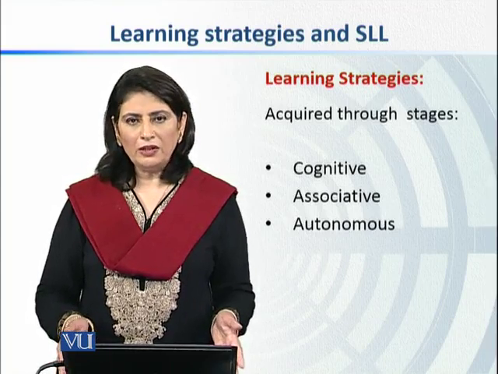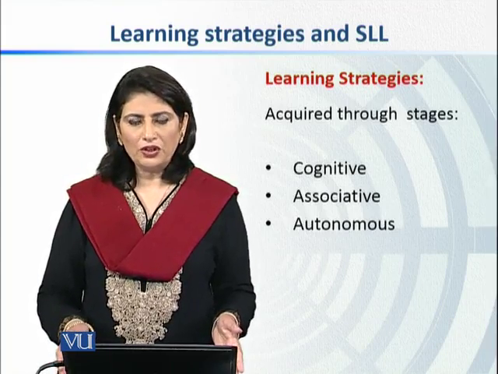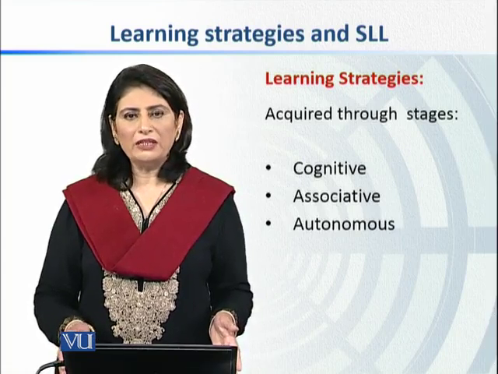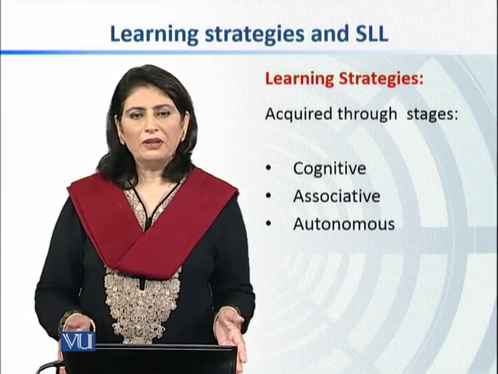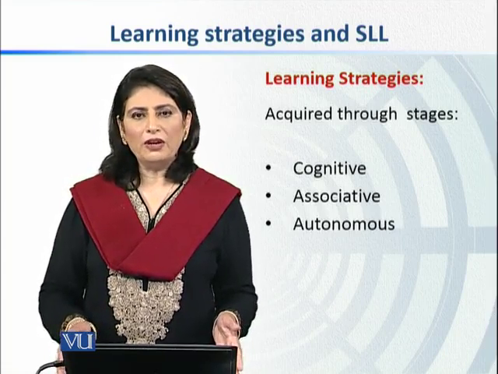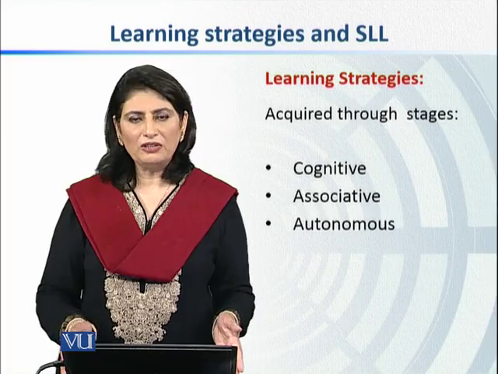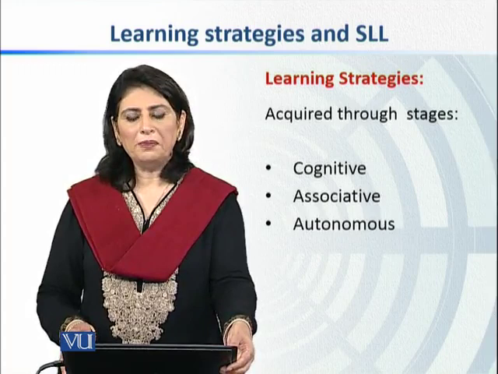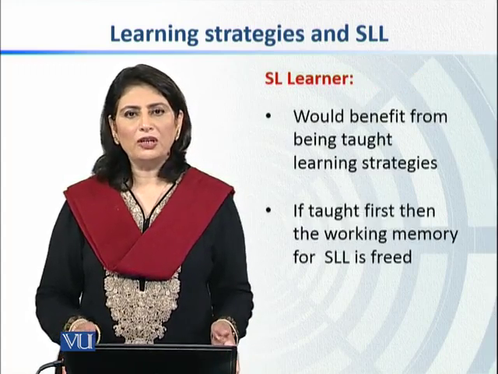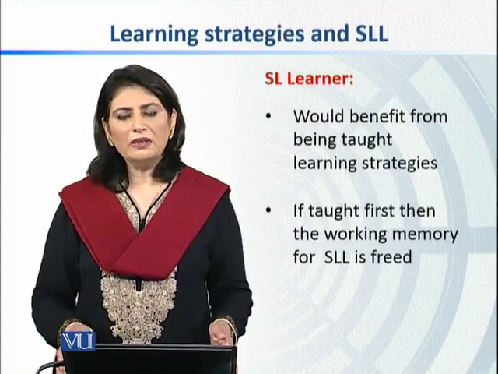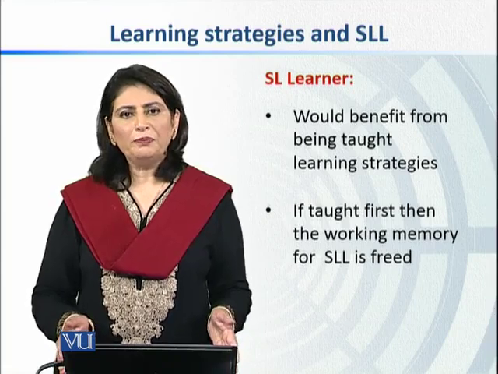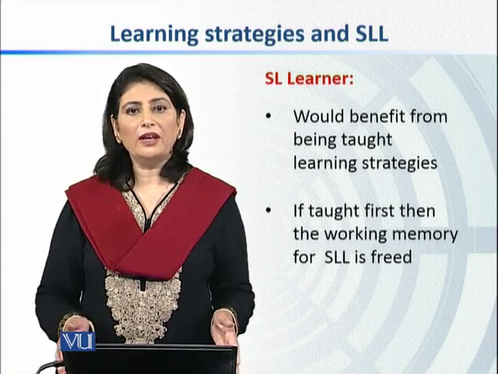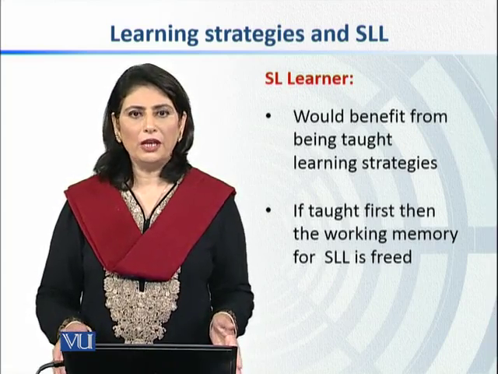So they will be learned cognitively, paying attention, with controlled thought, then moved on to associative, when the child will try to apply what he or she has learned as a strategy to the actual task, and gradually by application and reapplication, it will become autonomous, or it will almost automatically be applied without the learner actually thinking that he or she is doing it.